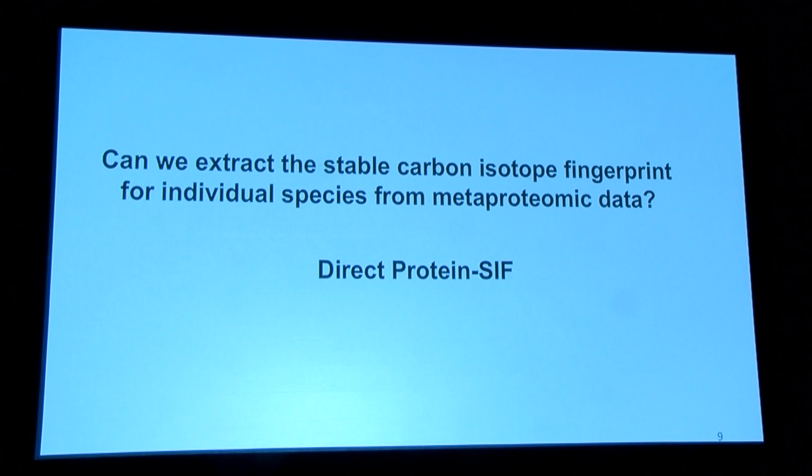That's what we wanted to address. We wanted to see if we can extract stable carbon isotope fingerprints for individual species from our metaproteomic data, which is high-resolution mass spec data, so it has all the information we would need. We termed this approach direct Protein-SIF.